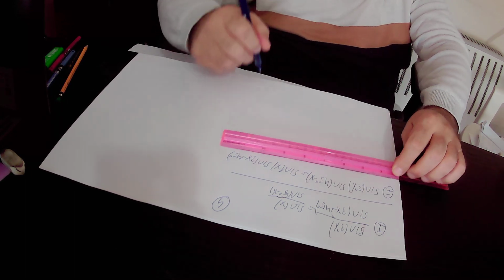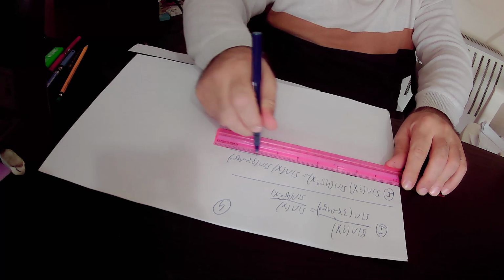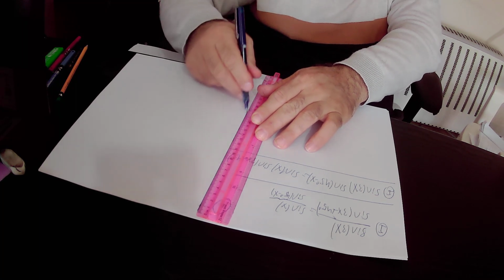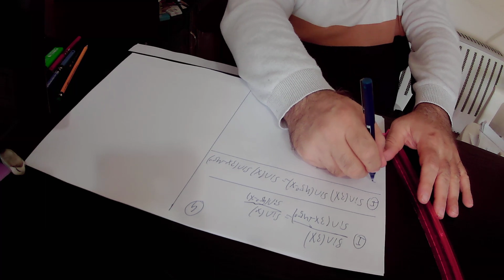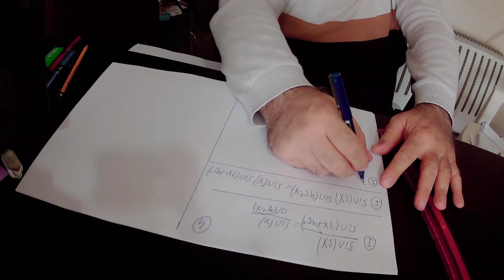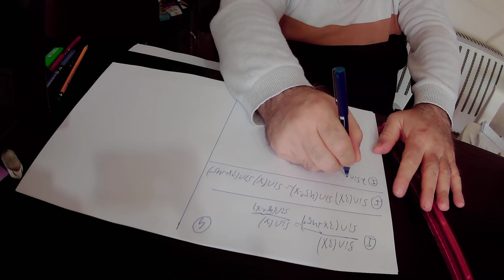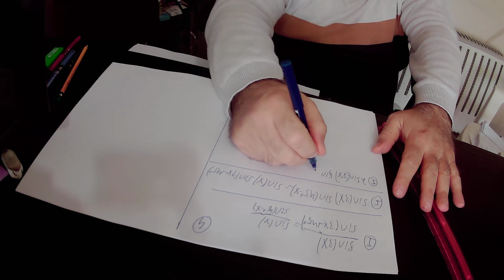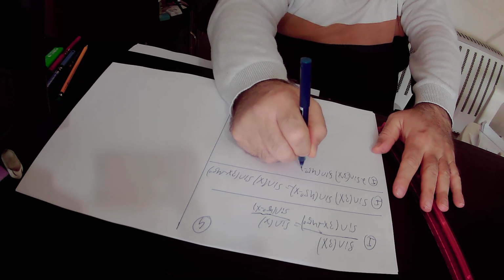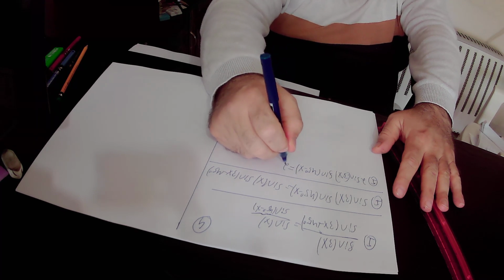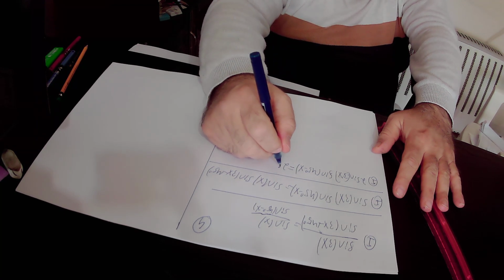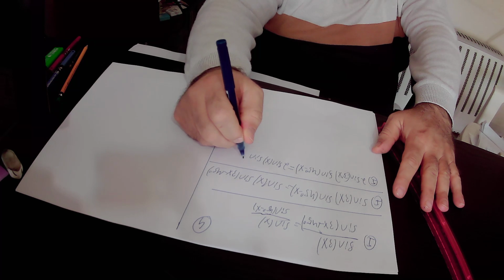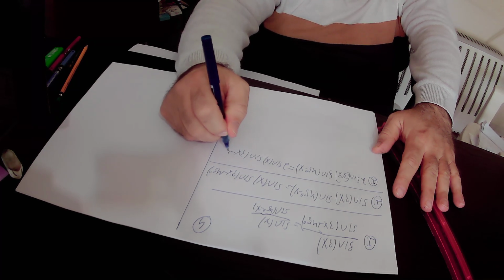Here we will multiply this equation number 1 by 2, and we will get that two times sine 3x times sine 45 degrees minus x equals 2 times sine x times sine 3x plus 45 degrees.